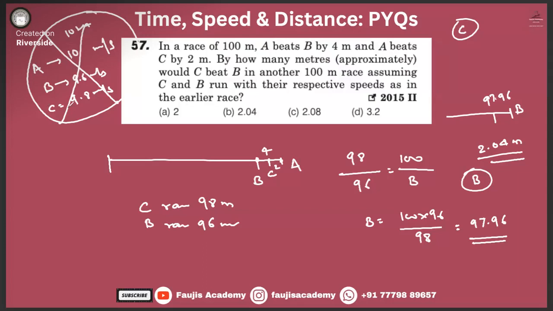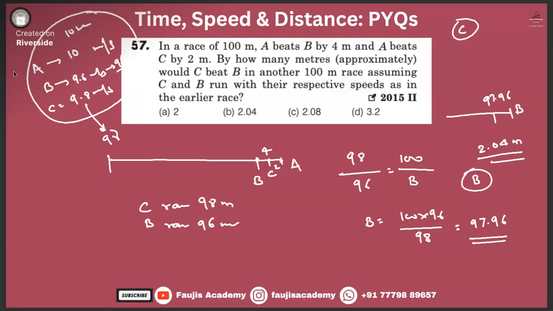Okay. So in 10 seconds, at 9.8 meters per second, he will run 98 meters, 96 meters. Okay. Yeah, we can take these numbers. Sorry, my bad.